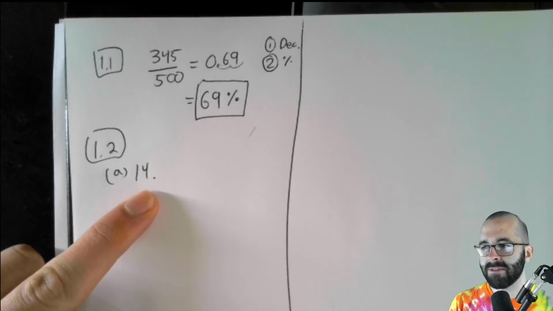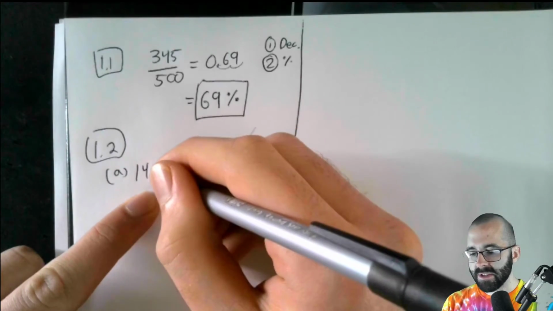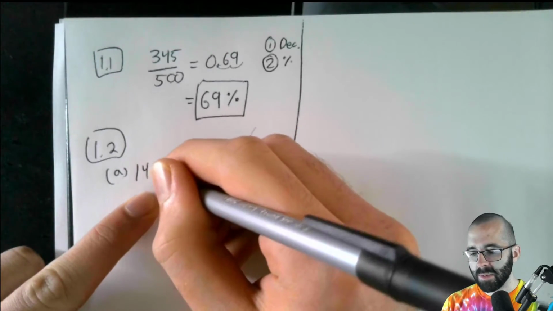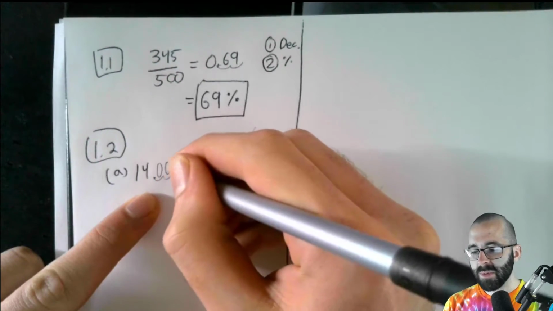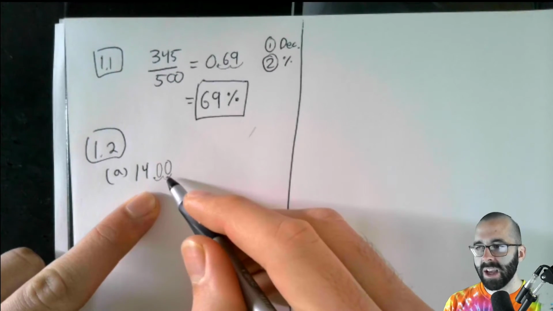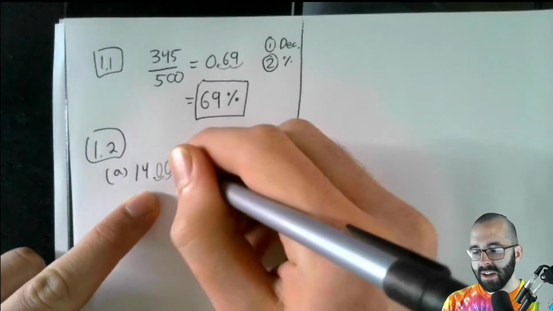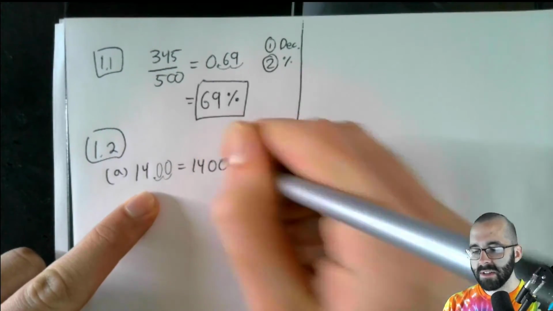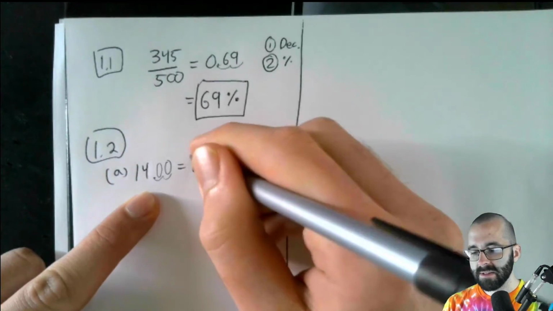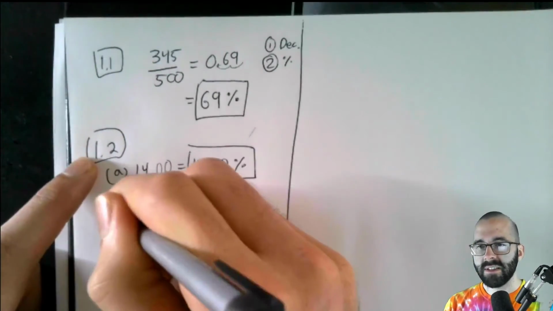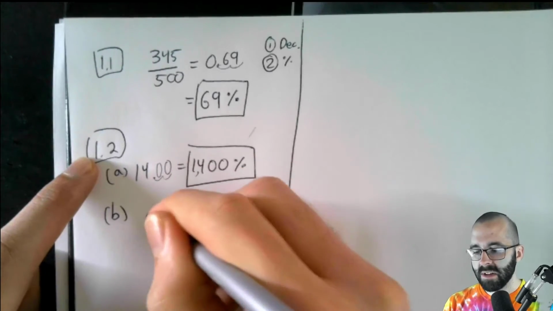What we're going to do is just move the decimal place 2 places to the right. And whenever we move the decimal place and there's nothing there, we add zeros. So now we have 1400 and put the percent sign. 1400%.